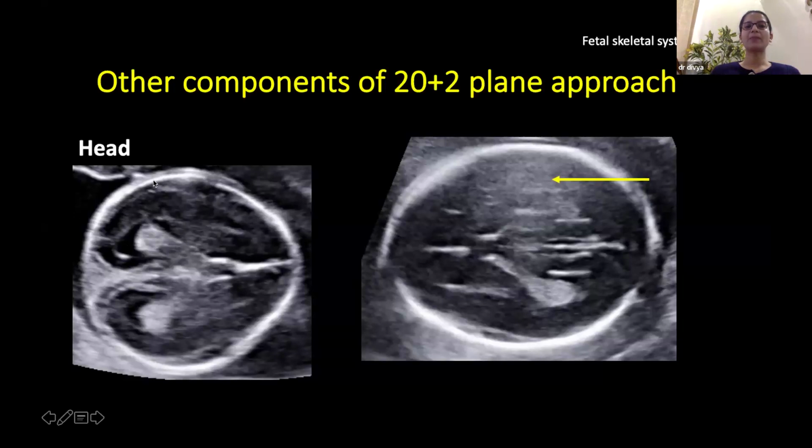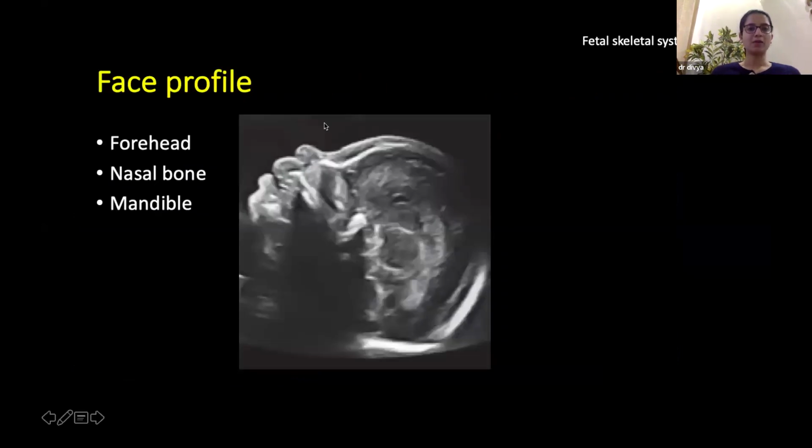This is because of hypomineralization of the skull bone. So there isn't that dense reverberation artifact, and that's why you're able to see the part of the brain next to the probe in the axial plane. So this was a fetus with osteogenesis imperfecta having hypomineralized skull bones, and as a result, this appearance of the head.